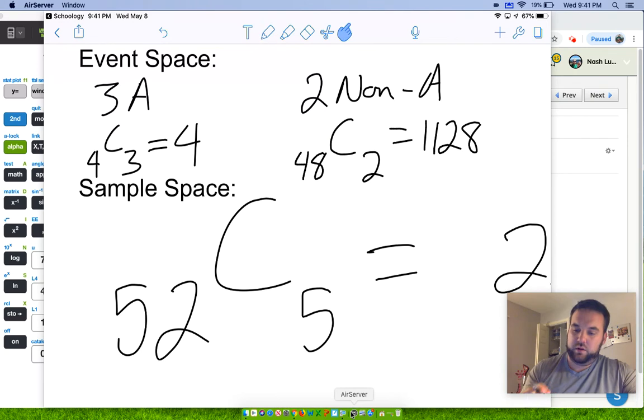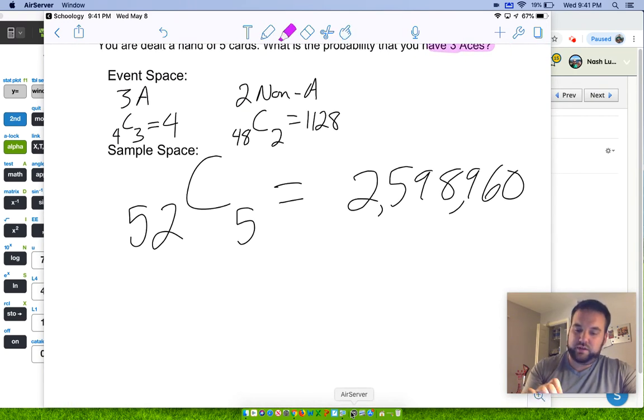To get my event space, I'm going to take those values and multiply them together. So 4 ways to get 3 aces, and then each one of those 4 has 1,128 different ways to get the 2 non-aces. So I multiply those together.